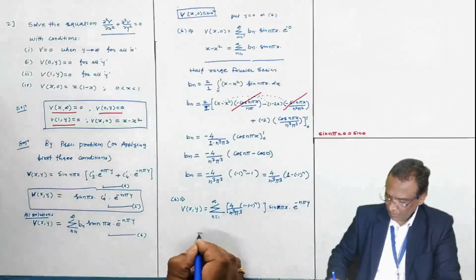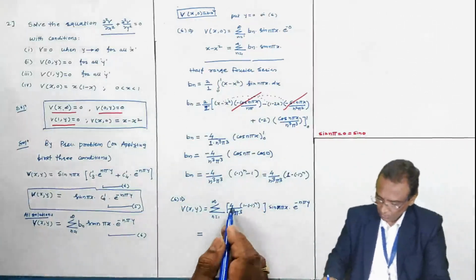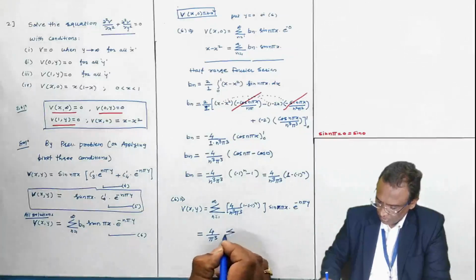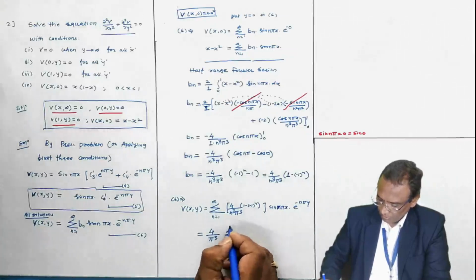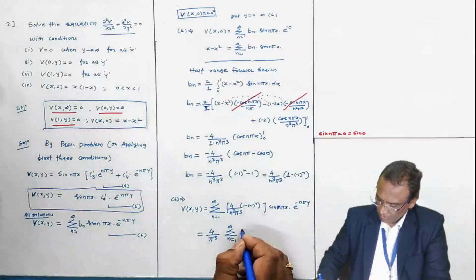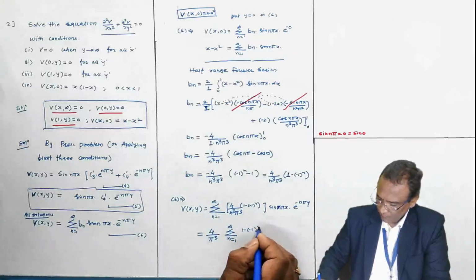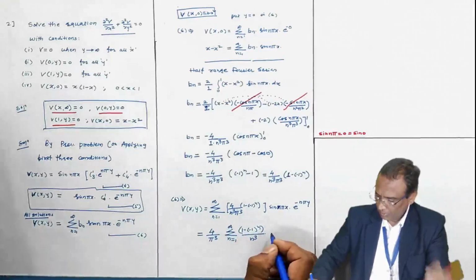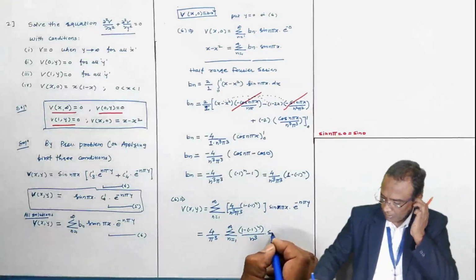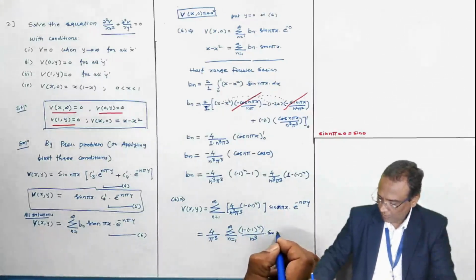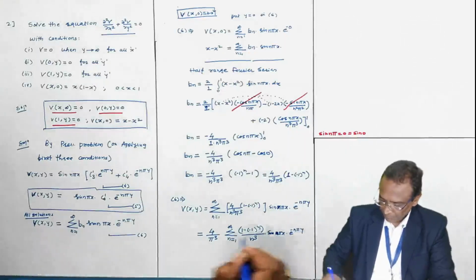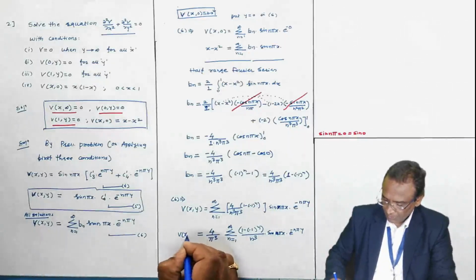At the most, you can take 4 and pi cube outside, and keep the n terms inside: 1 minus 1 to the power n by n cube, sine n pi x, e to the power minus n pi y. This is the temperature.